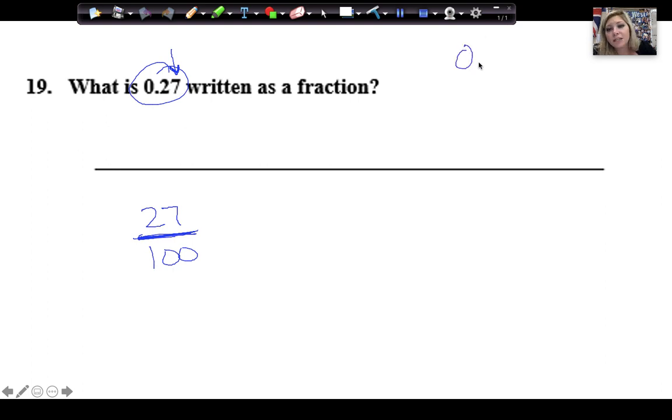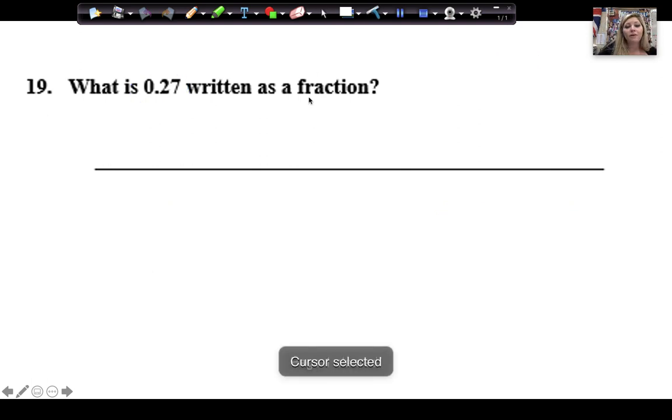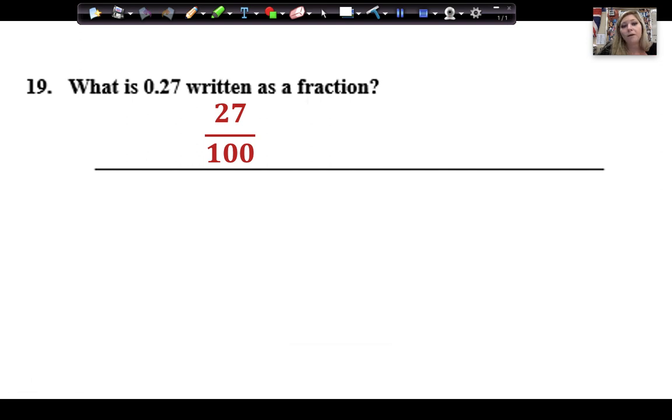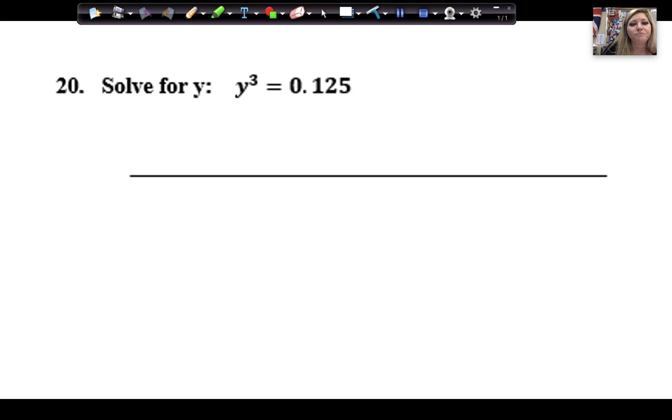If it was in the tenths place, we would put that number over 10. If it was in the thousandths place, we would put that number over 1,000. So we are reading it by place value, and then we are writing it as a fraction the way we read it, whatever place value that's written in.